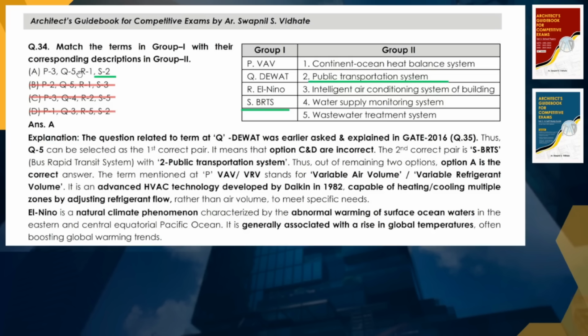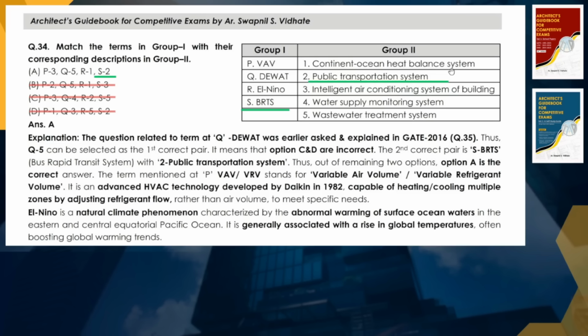Then the remaining one, R, that is El Nino. This is the natural climate phenomenon characterized by the abnormal warming of surface ocean waters in the eastern and central equatorial Pacific Ocean. It is generally associated with a rise in global temperatures, often boosting global warming trends. So R1 is the correct pair, right?